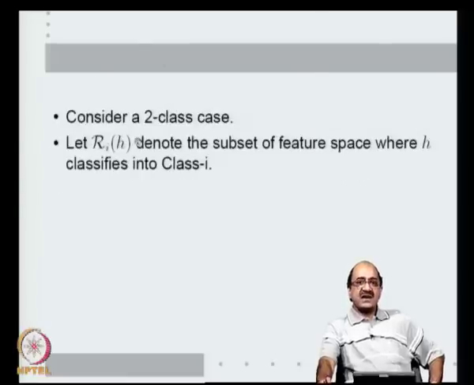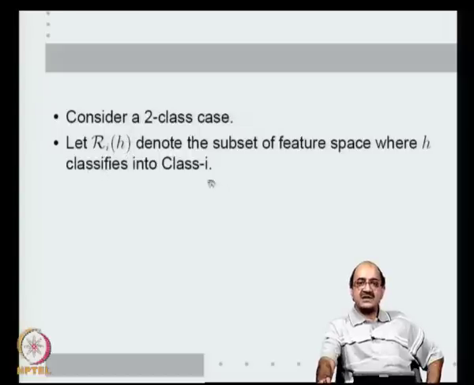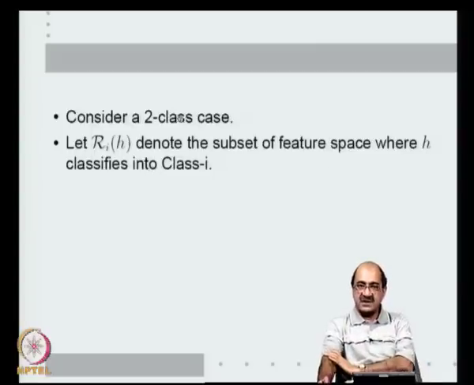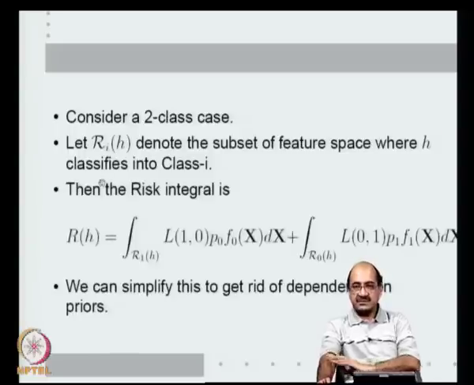Let us say we take a two class case, as earlier. Let R_i for classifier H denote the subset of feature space where the classifier H will put things in class i, that is R0 is the region of class 0, R1 is the region of class 1, and by region I mean not the actual region of the class 1 or class 0 feature vectors, but that subset of the feature space where the classifier H will put the patterns in that particular class.